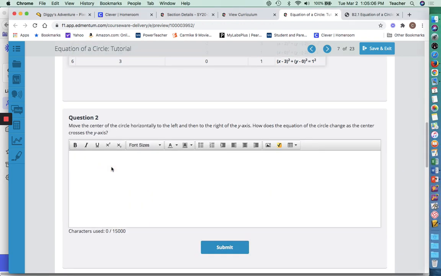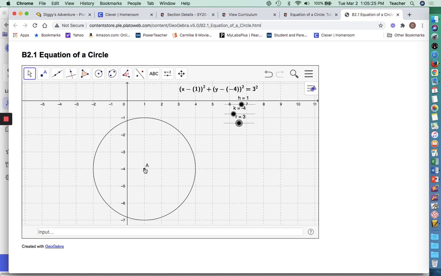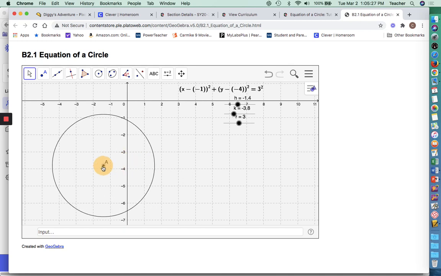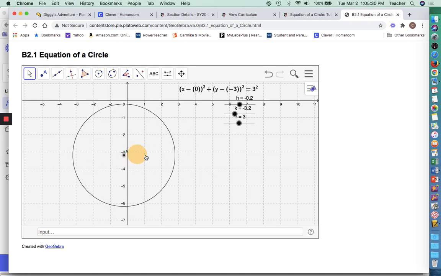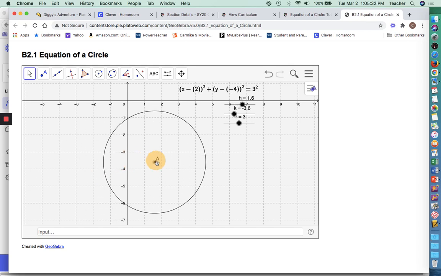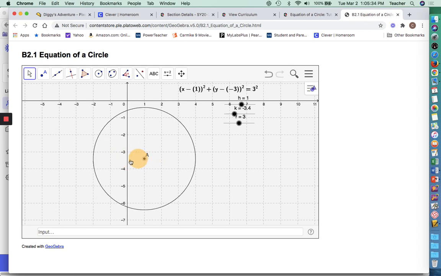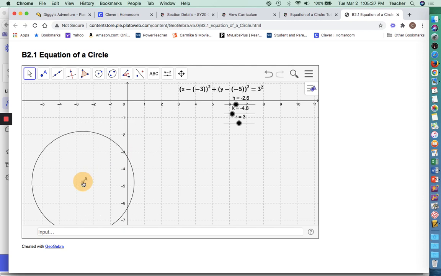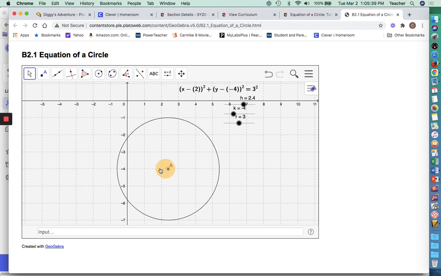All right, question 2. Move the center of the circle horizontally to the left and then to the right of the y-axis. How does the equation of the circle change as the center crosses the y-axis? So if I move it left and right, they're basically just looking at the numbers, I'm assuming.